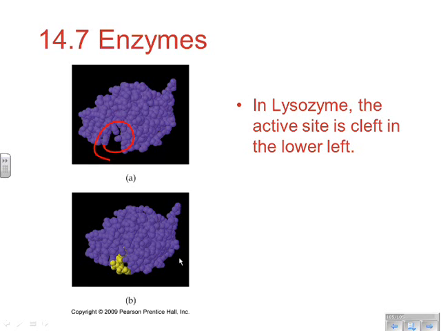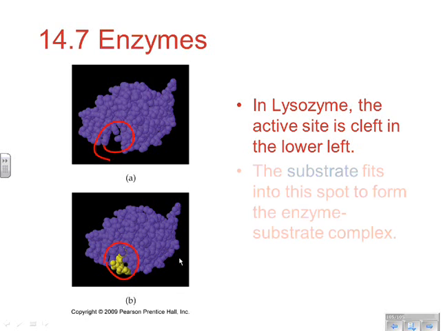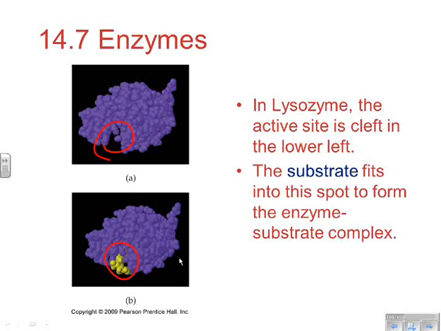That little cleft can hold a substrate molecule like you see here, this yellow substrate molecule, in a very specific orientation that allows that substrate molecule to chemically react. So the substrate fits into that spot and forms the enzyme-substrate complex, which is eventually going to become new chemicals in the chemical reaction. But the actual enzyme itself is still going to be there before and after. So through orientation of attractions and holding that molecule in a very specific orientation, it helps facilitate the reaction.